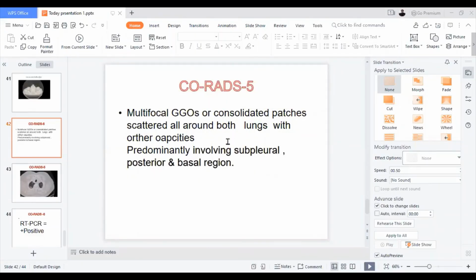Now here you can see they predominantly involve the subpleural posterior basal region, which differentiates Co-Rads 5 from Co-Rads 4. Both are COVID, but we call this very highly suspicious of COVID pneumonia. So let me demonstrate with that video.